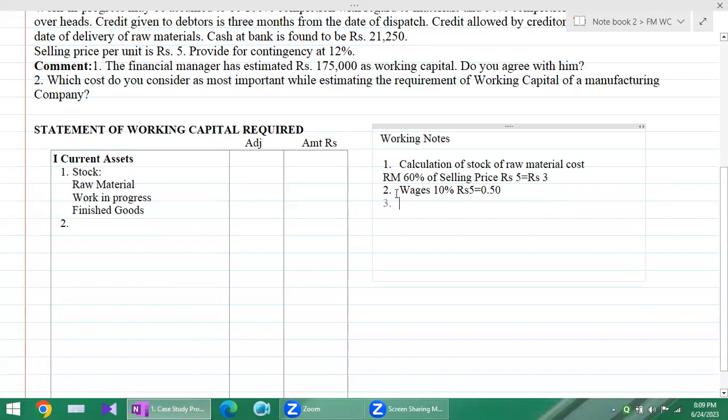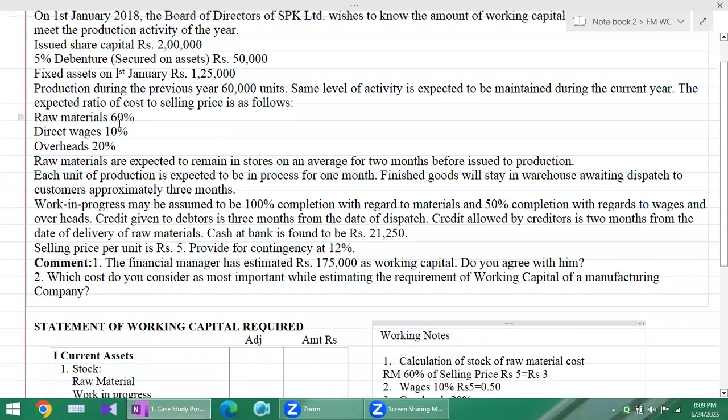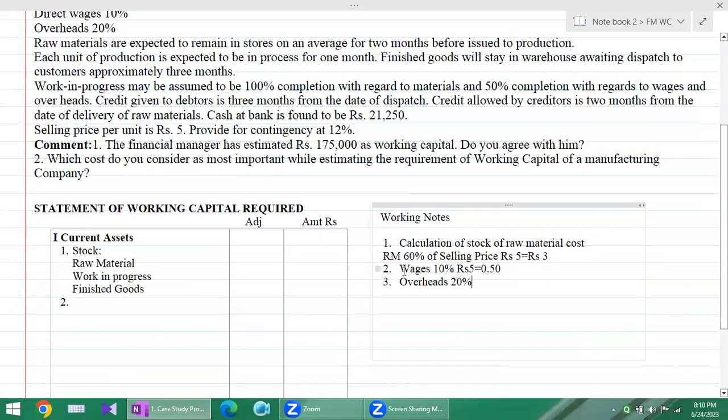Then the third one is overheads. How much percentage is given in the problem? 20%, right? So all these percentages are given here only: raw material 60%, direct wages 10%, and overhead is 20%. Here I have just written wages or labor, direct wages; all are one and the same.